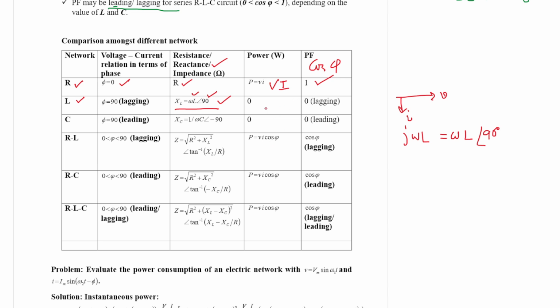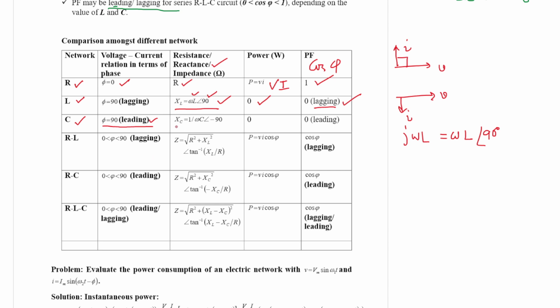Power consumption in case of an inductor is 0. Power factor is also 0, but in case of an inductor, power factor is lagging. Now when we have a capacitor, the power factor angle is 90 degrees, but it is leading, as this phasor diagram shows.